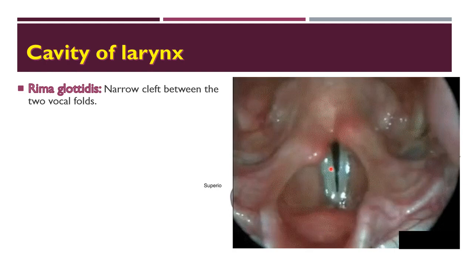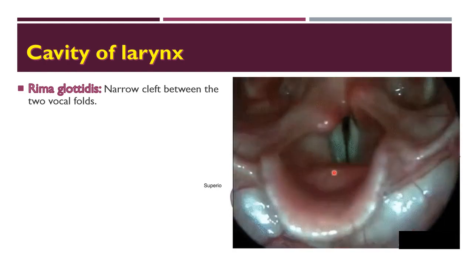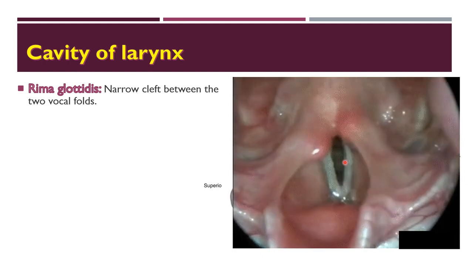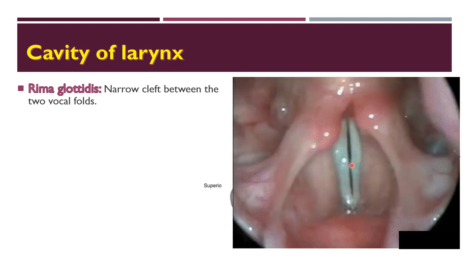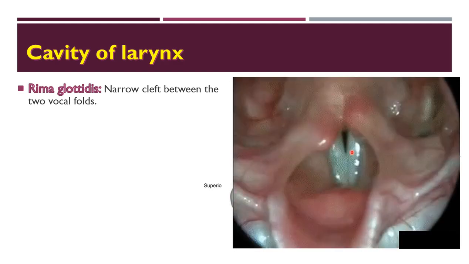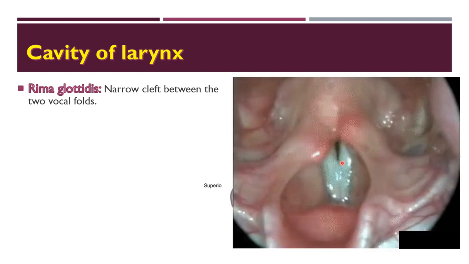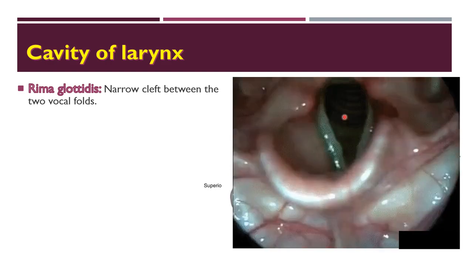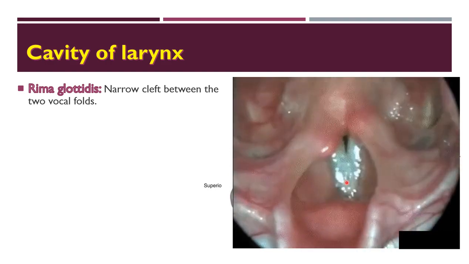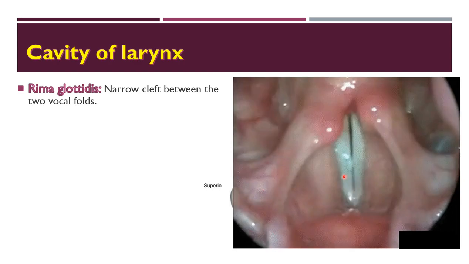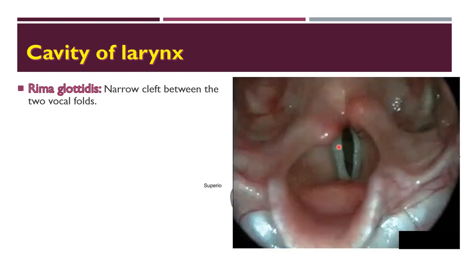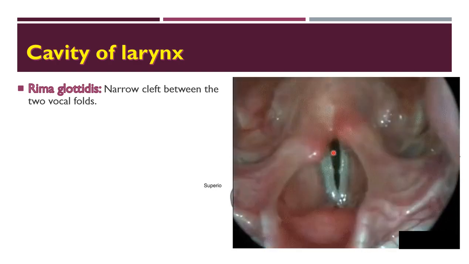The sound which is produced, the organ of phonation, is due to the vibration of these vocal folds. The space between the two vocal folds is called the Rima glottidis.